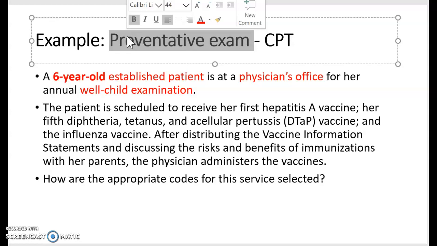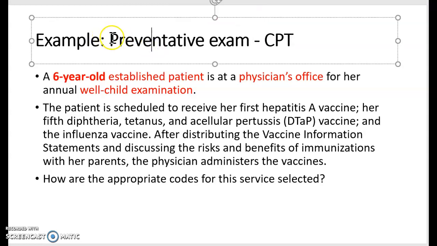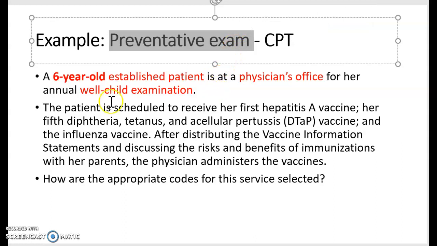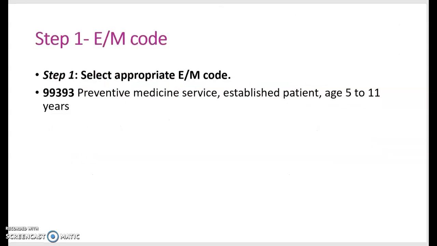It's actually evaluation management that is your main term. Preventative exam is your subterm under evaluation management. So this is just one example of evaluation management. I want you to continue to read the different kinds of vaccines given here and the administration of those vaccines and how to find the codes as I explained to you.